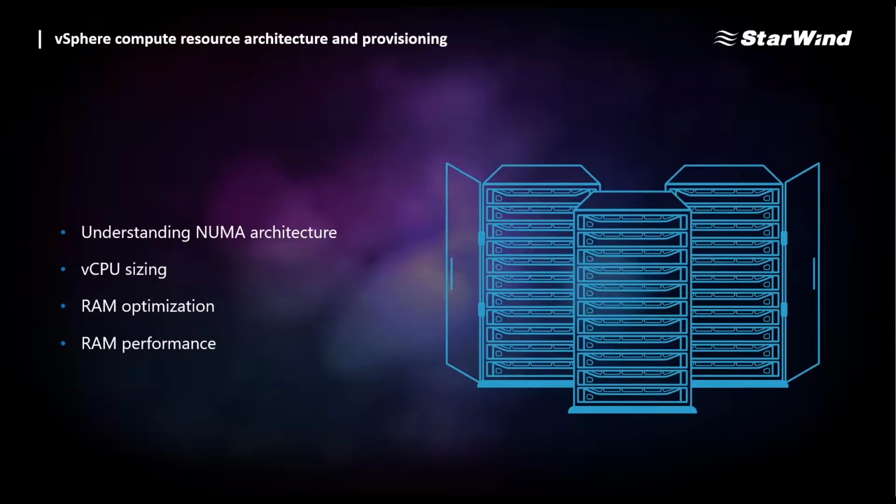And by using the NUMA architecture, each CPU has its own local memory, RAM. Thus, together they make a NUMA node. In the two-socket system, there are two NUMA nodes, and accordingly, four-socket systems have four NUMA nodes, etc.